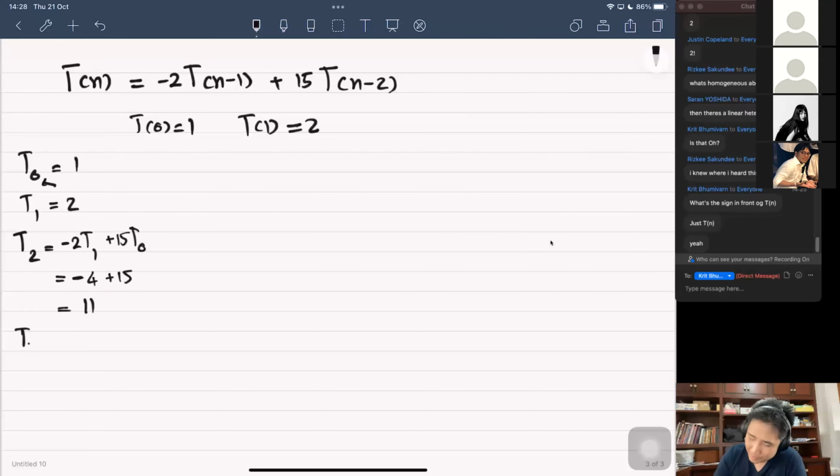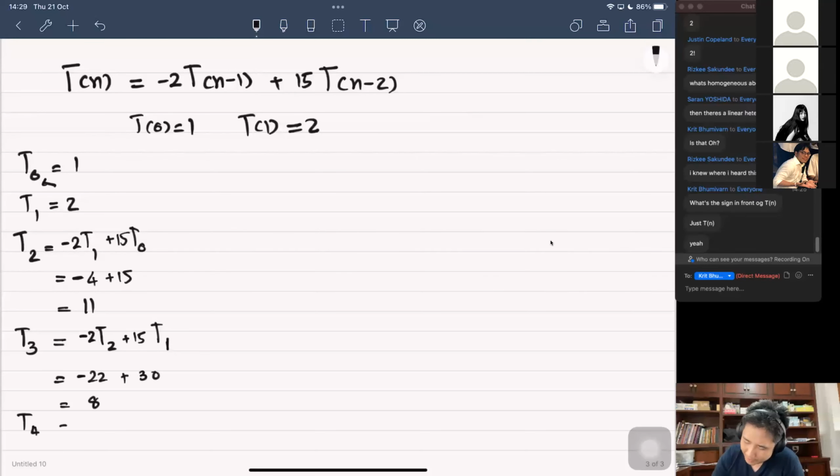Okay, T3 is -2 T2 plus 15 T1, and then that is -22 plus 30, which is 8.